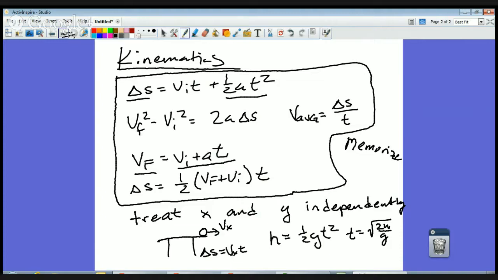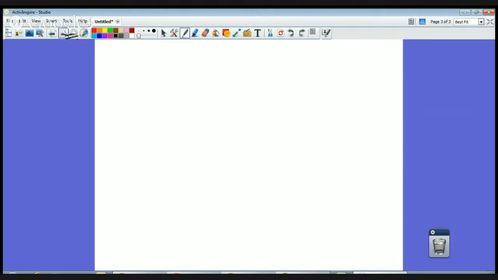Okay, something that they like to ask is a ball is thrown from the top of a building at speed v, so from height h, and it's thrown horizontally.